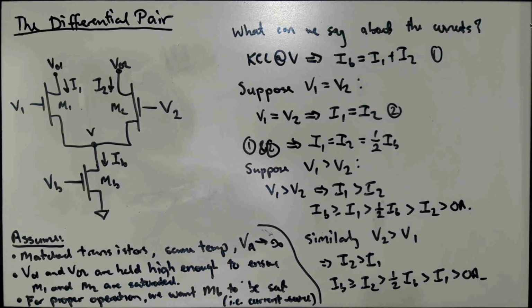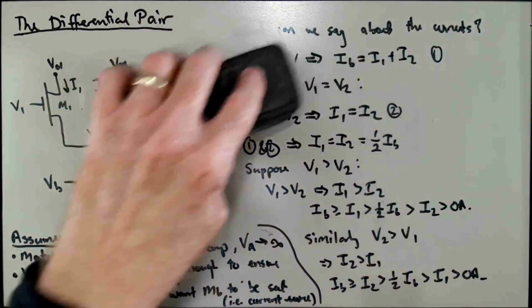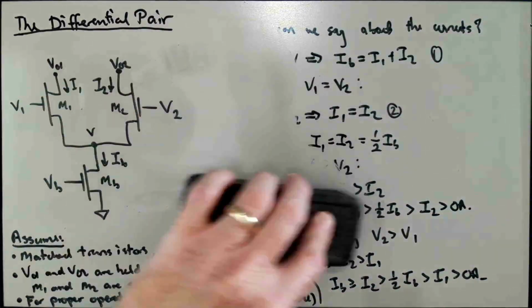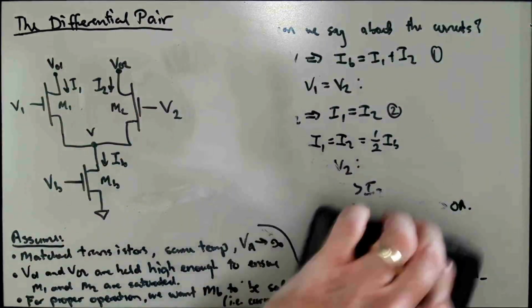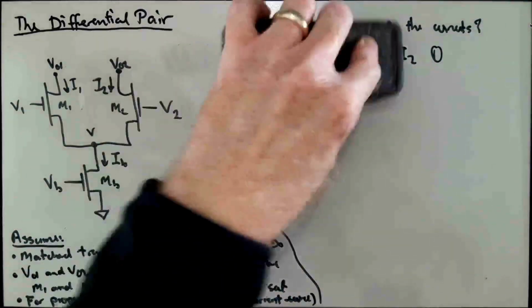Okay? So let's think step by step, cause and effect, about how the circuit behaves in a given situation. Let's suppose that we have V1 equal V2, that balance condition.